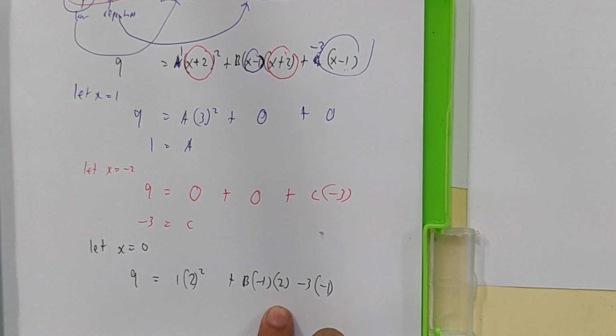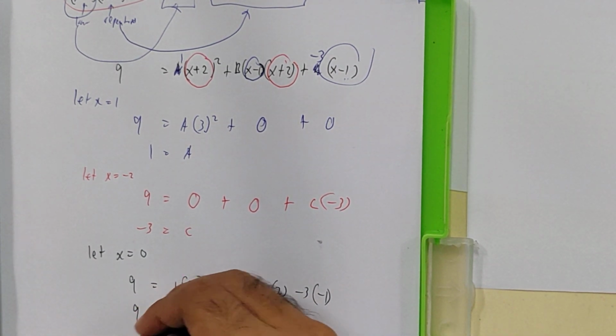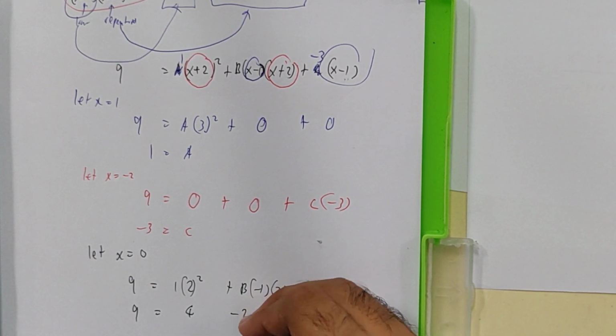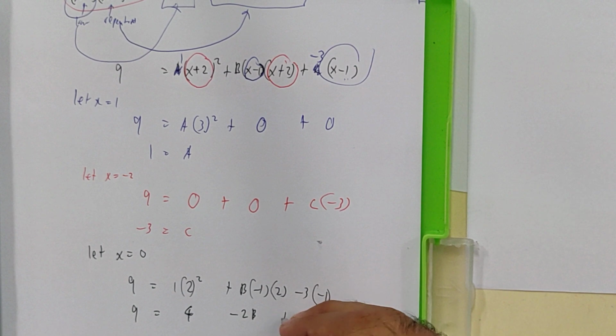Are you okay? Do you want me to repeat this one again? Please raise your hand if you want me to. Thank you. I see someone there, Tana. Okay, so this one, just be careful, you'll be fine. Negative 2B plus 3.